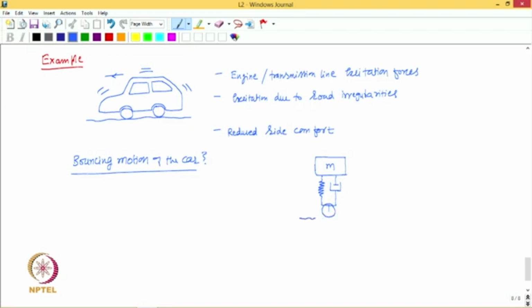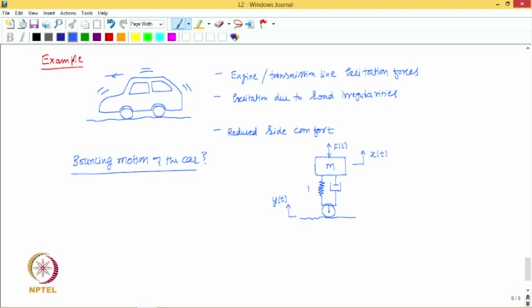So then we have this road here. Therefore here we have the excitation or the vertical displacement because of the road irregularities, let us say represented by y of t. That causes the displacement x of t, and of course in addition we also have the forces acting due to the engine and transmission line, represented by f of t, correct.